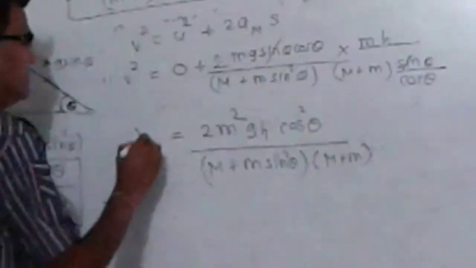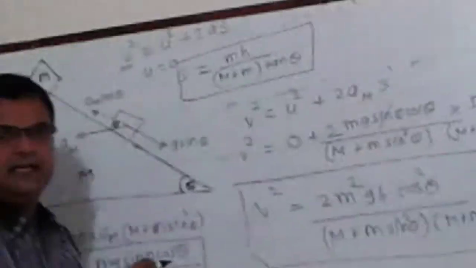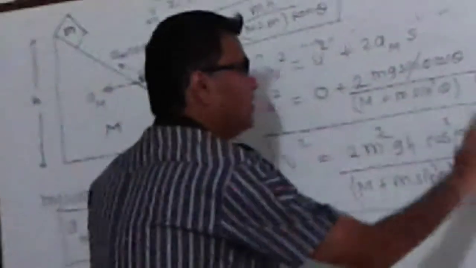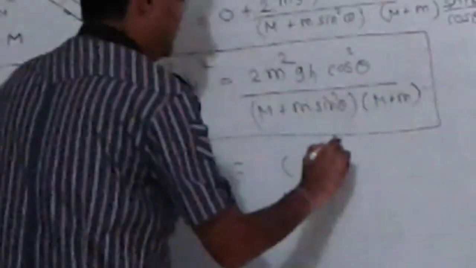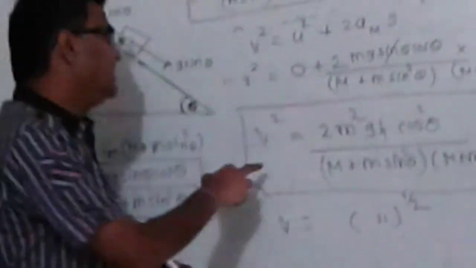This is the value of v square. Obviously, the velocity will be square root of the entire term. So velocity will be this entire term raised to half. So this is the final answer of our problem.